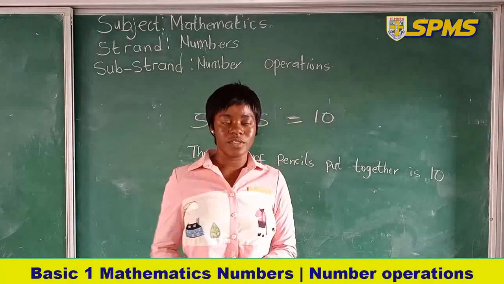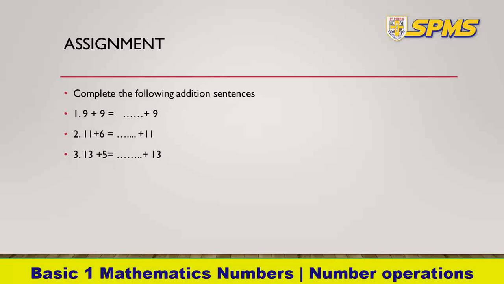Okay? Very good. Now look on your screen. Complete the assignment for me. The instruction is: complete the following addition sentences. 9 plus 9 is equal to dash plus 9.